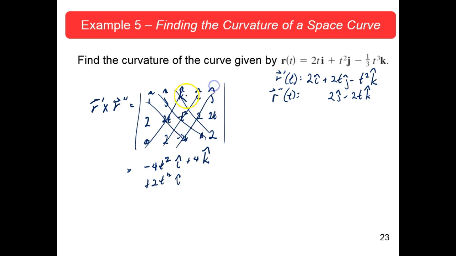The j was a minus 4t, but because it's an up direction, it's plus 4tj. So here is this cross product: minus 2t squared i plus 4tj plus 4k.